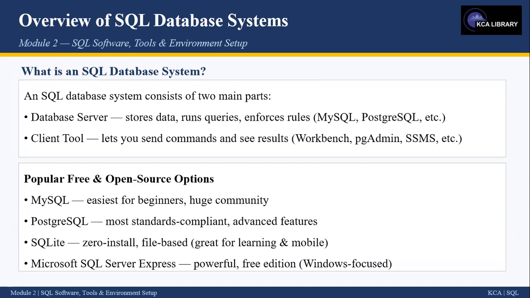An SQL database system has two main parts. The database server. This is where your data is actually stored, queries are executed, and rules are enforced. Example, MySQL, PostgreSQL, etc. And the client tool, this is what you use to send commands and see the result.